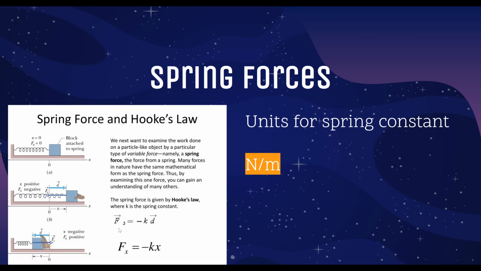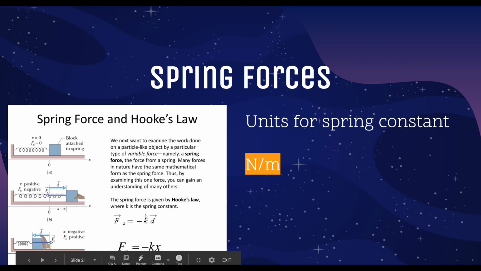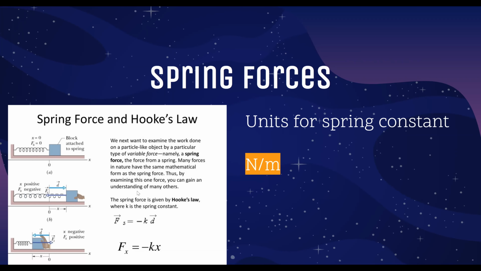Also, x is the displacement. Remember we talked about vectors, the difference between distance and displacement. Displacement is the change of an object's position from its initial position to its final position.